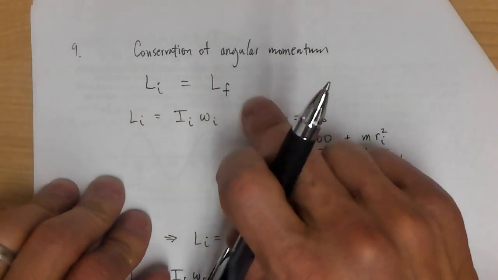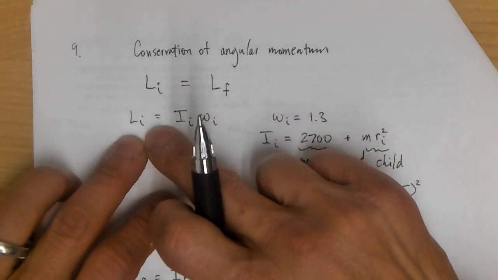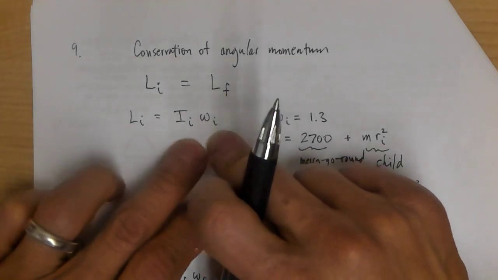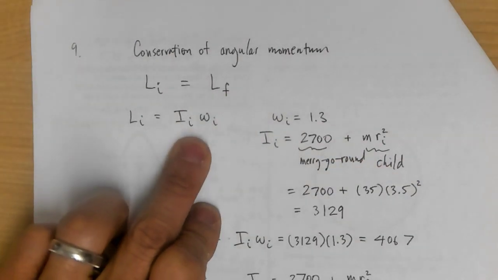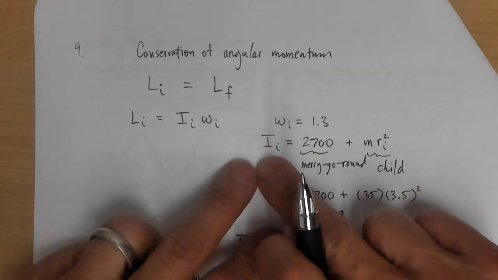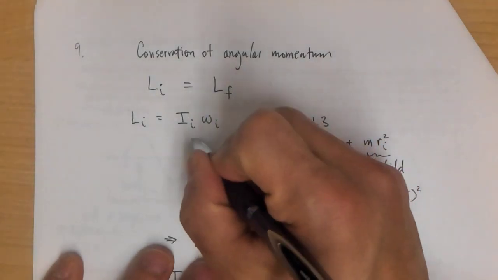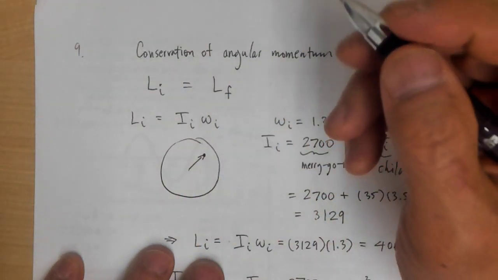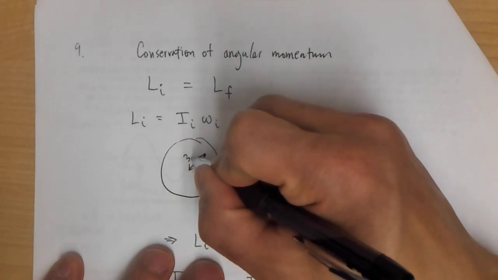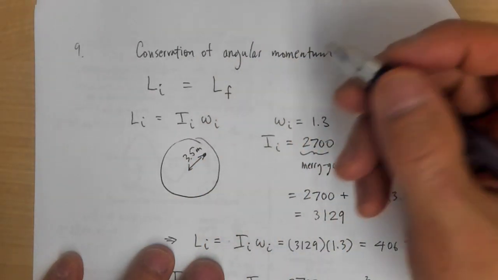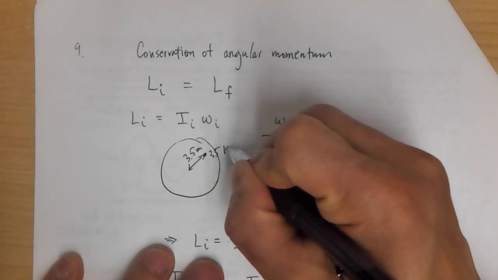L initial equals L final. The initial angular momentum is the initial moment of inertia, I initial, times the initial angular speed. They tell us that the angular speed is 1.3 radians per second. To get the moment of inertia of the merry-go-round plus the child, the child is at a distance of 3.5 meters and has a mass of 35 kilograms.